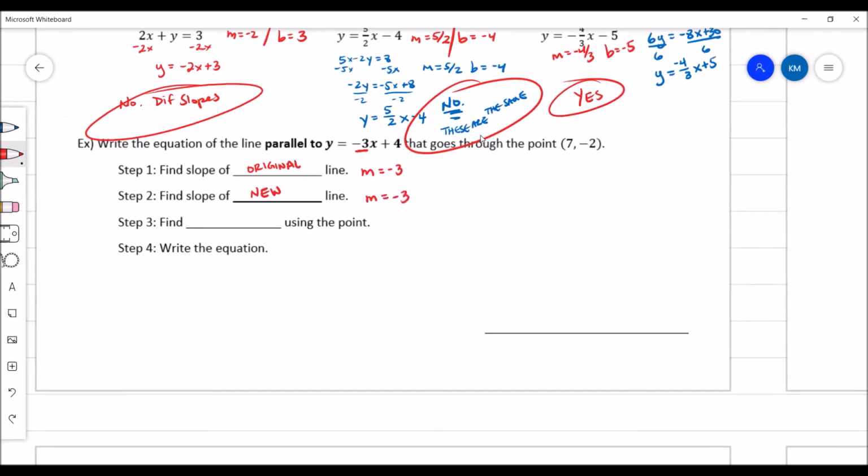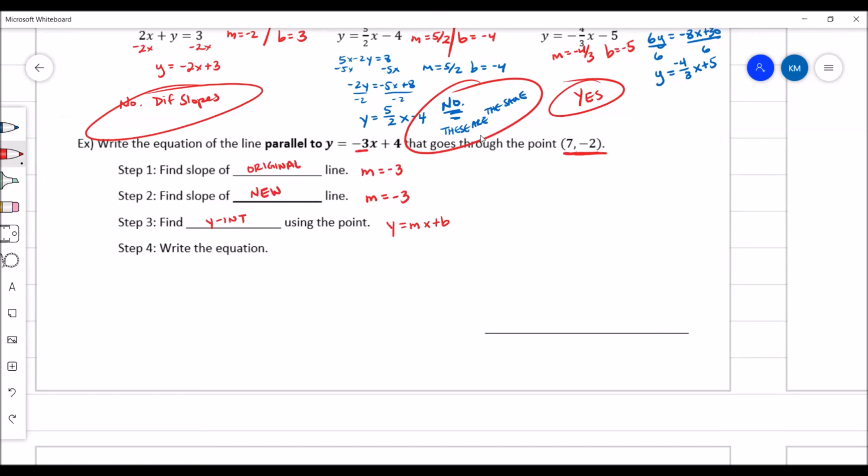Now it says find the y-intercept using the point. So just like when we wrote the equation of a line through 2 points, it's really now the same process. We have the equation y equals mx plus b. The coordinates of our point are 7, negative 2.